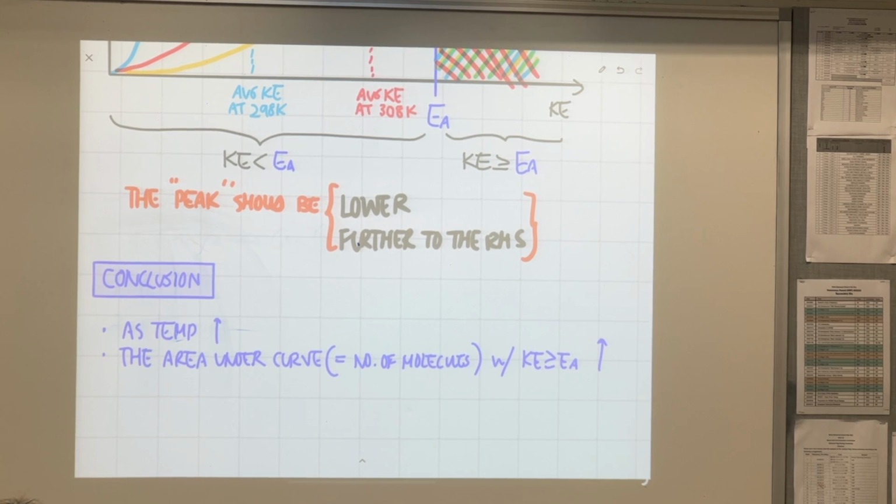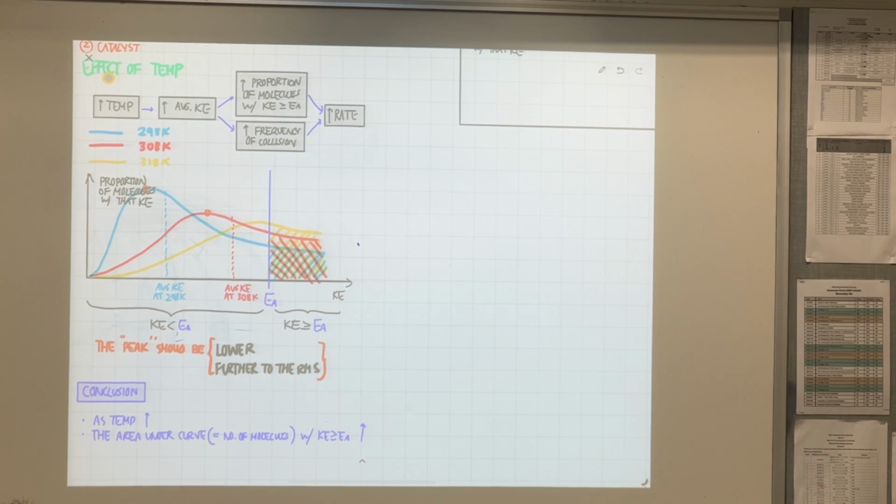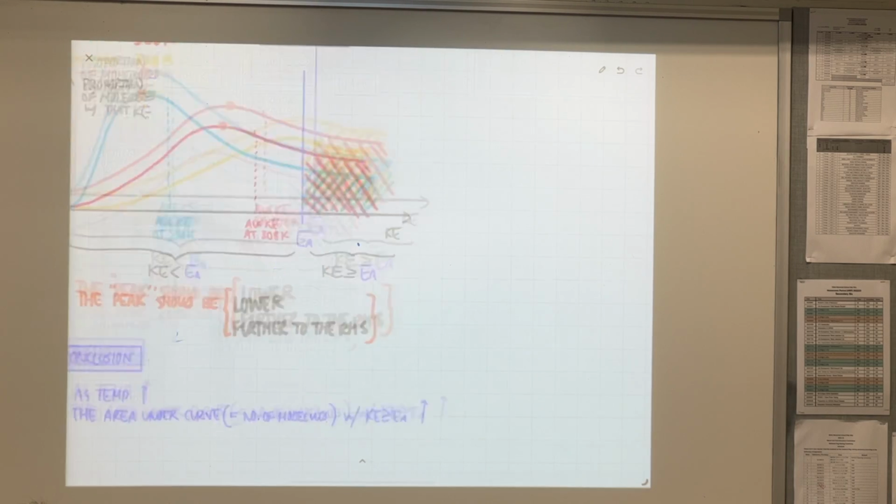So therefore, this together with the other factor, you know when things move faster, they bump into one another more rapidly, right? When things move faster, particles bump into one another more rapidly. So these two terms are parallel to each other. They are not consequential of one another. It's not like this will lead to that, but at the same time, both of these factors are caused by an increase in KE.